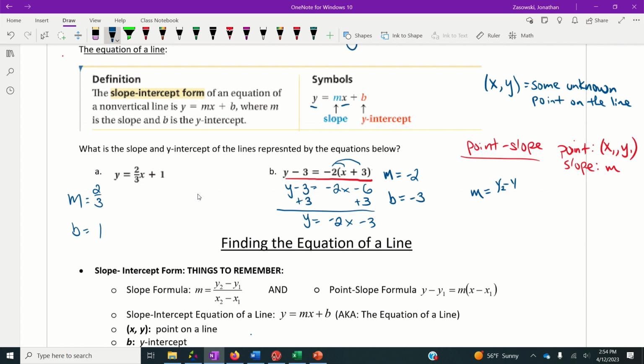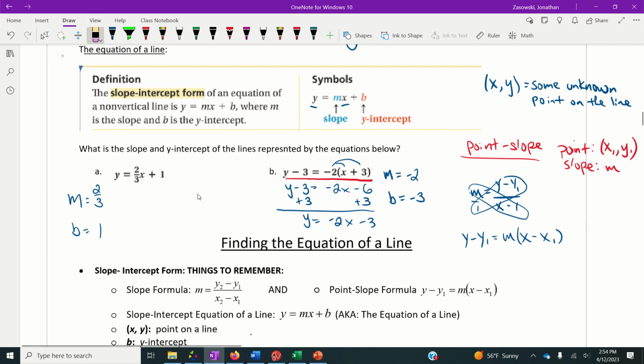Now, the point slope form starts by using the slope formula. We usually do y2 minus y1, but if we just change this from y2 to just y, we could call it y minus y1 over x minus x1. If we just cross multiply, you're going to get this form right here: y minus y1 equals m times quantity x minus x1.